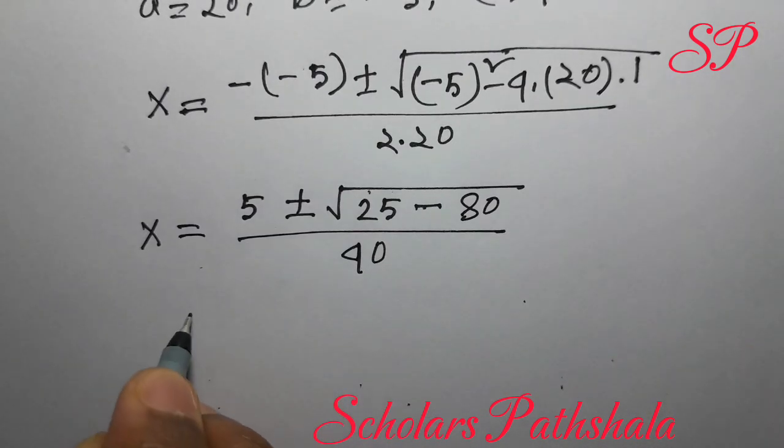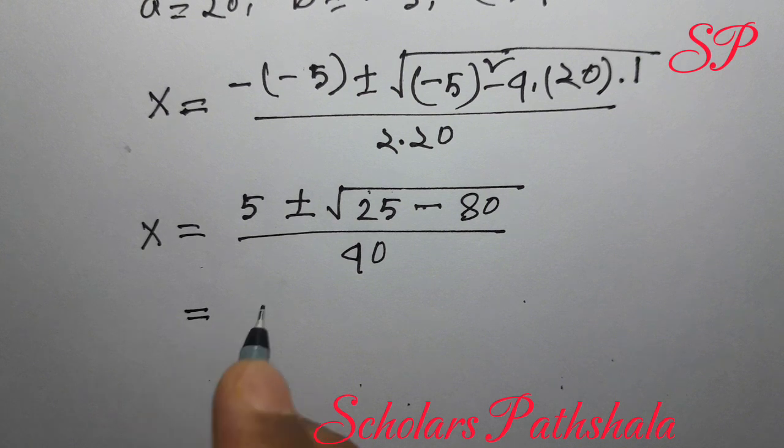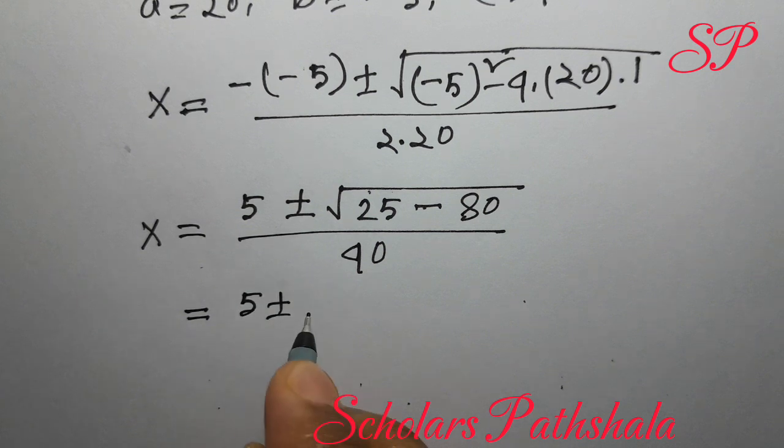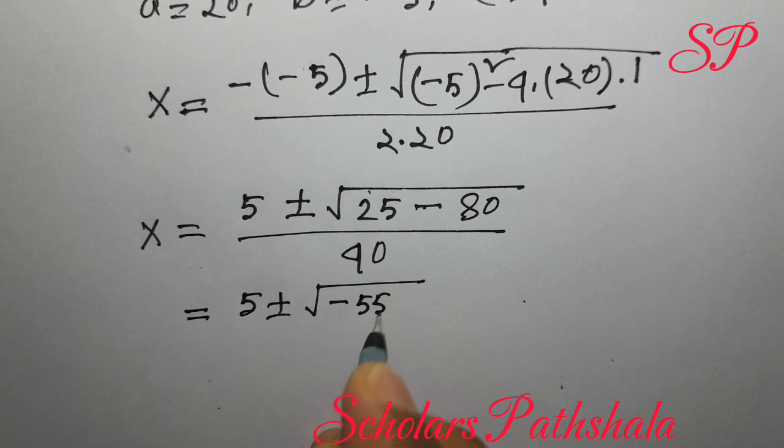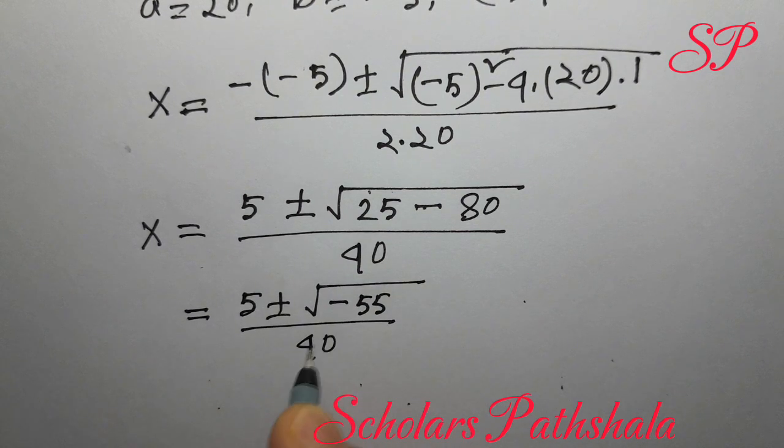Okay, then we can write 5 plus minus root over minus 55 by 40.